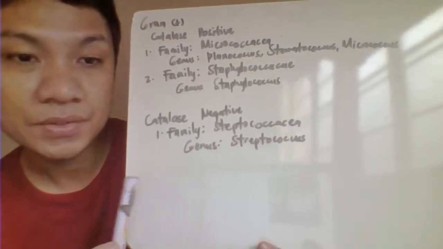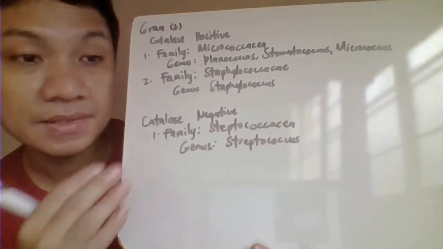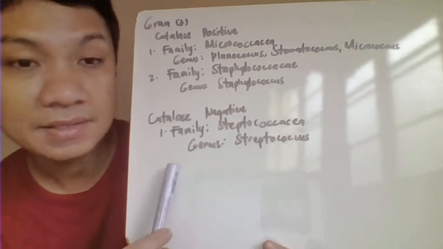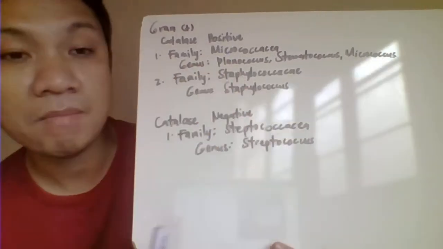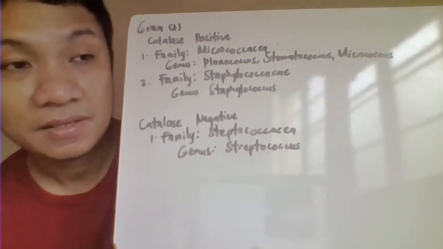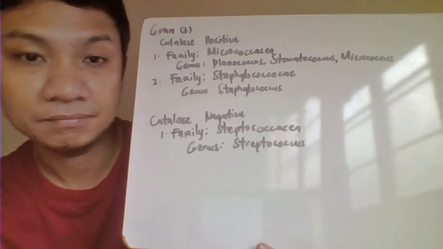Your Streptococcus would have a catalase negative reaction, which differentiates it from Staphylococcus. But all of them are considered to be gram-positive cocci, meaning they are spherical, round in shape, and gram-positive.